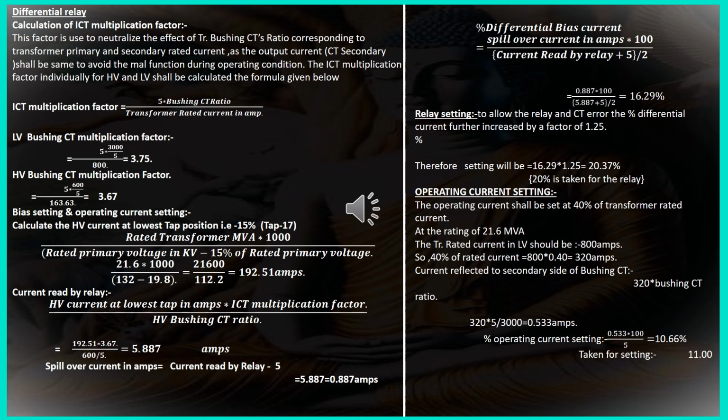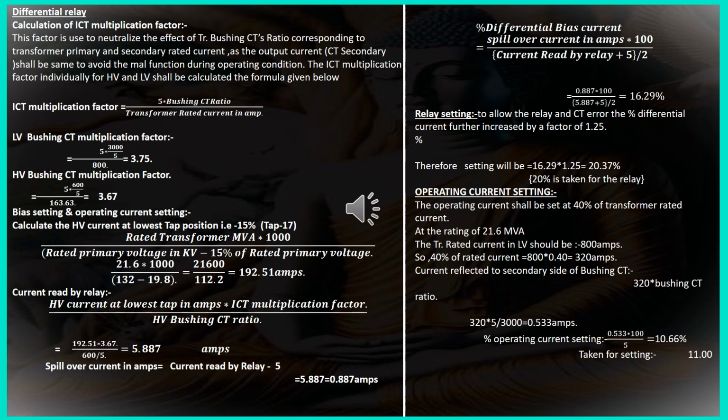Now operating current setting. The operating current will be set at 40% of transformer rated current. It is a guideline to take 40% from the RDSO and from the local senior TRD. They have taken 40%. As the rating is 21.6 MVA, the transformer rated current on LV should be 800 amperes.